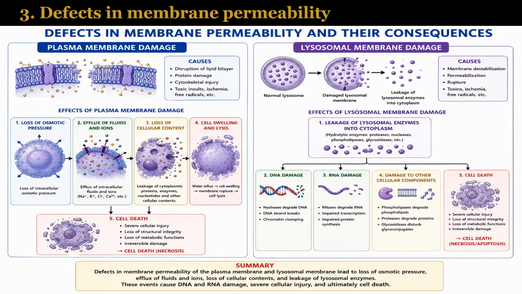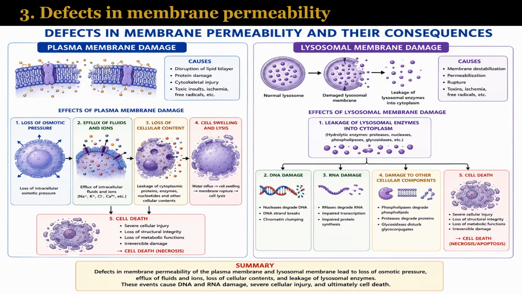The first one we have is called plasma membrane damage. Plasma membrane damage can be caused by disruption of the lipid layer, protein damage, cytoskeletal injury, or toxins such as free radicals and other factors. If there is damage to the plasma membrane, the consequences are as follows: loss of osmotic pressure, and efflux of fluids and ions.